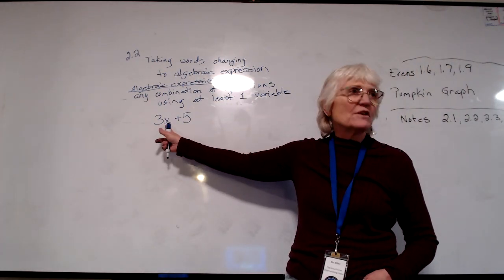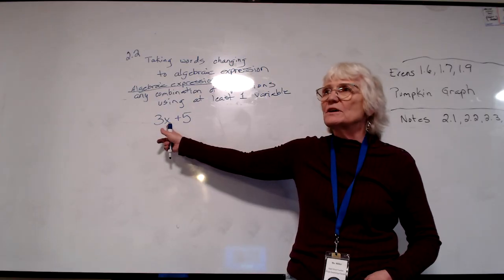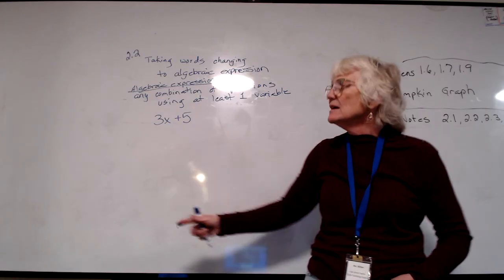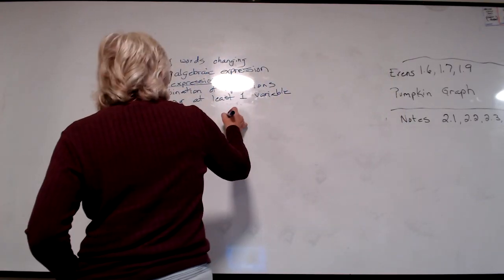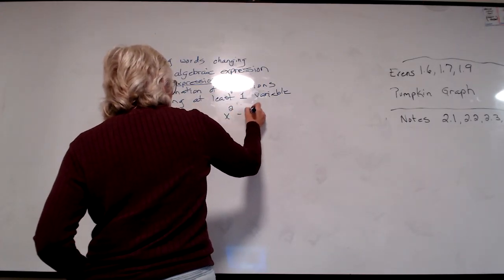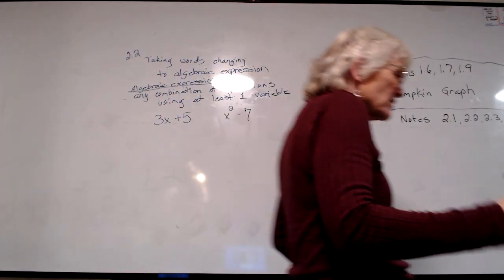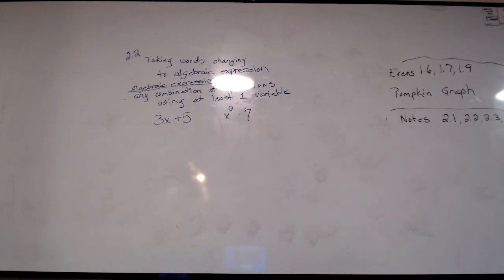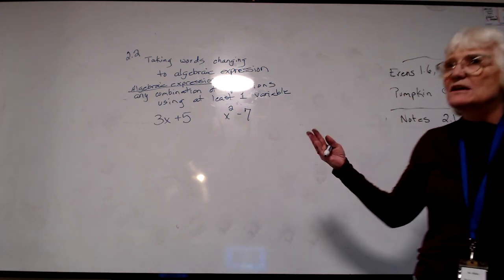There's at least one variable in there. That's called an algebraic expression, okay? You could have x squared minus 7. Again, squaring an x is an operation. That means to multiply it by itself. Okay, then we subtract 7. That's an operation. So those are called algebraic expressions.